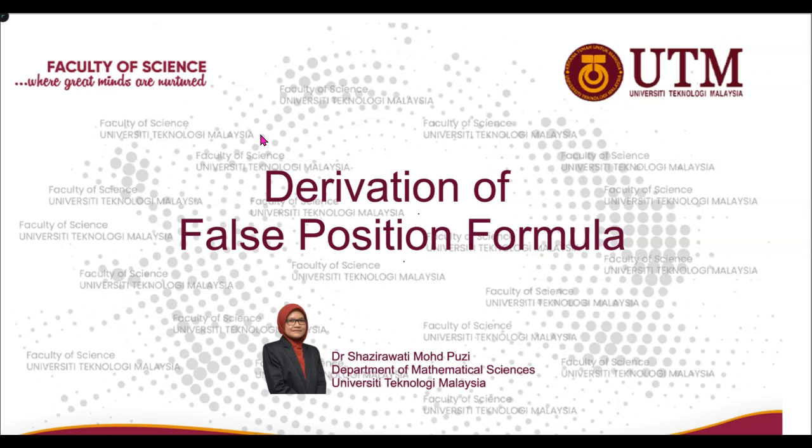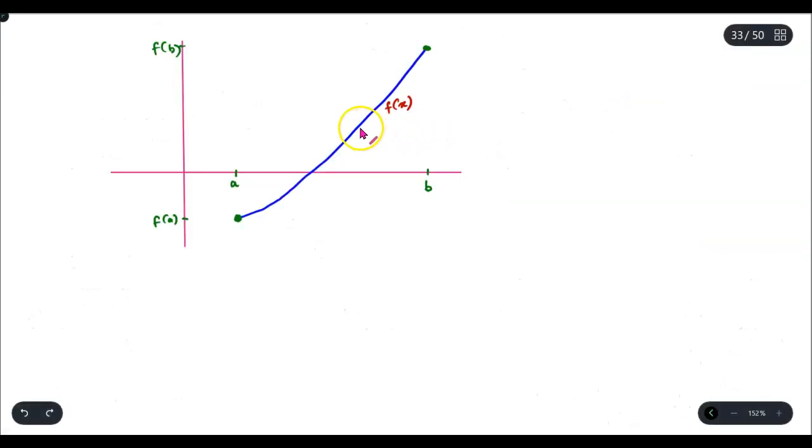In this video, we are going to be deriving the false position formula. Assume we have a curve f(x) within the interval [a, b], and we have a secant line from that point to this point.